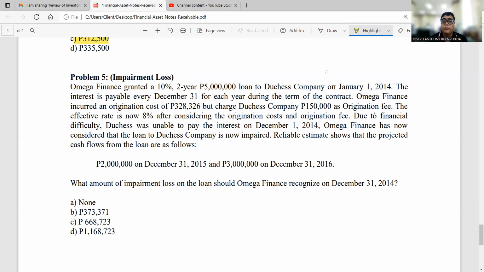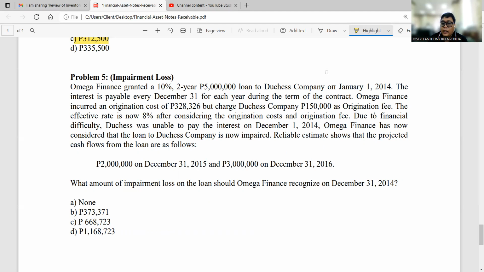The effective rate is now 8% after considering the origination cost and fee. Due to financial difficulty, Duchess was unable to pay the interest on December 31, 2014. One year of interest was not paid. Omega Finance now considers the loan impaired. A reliable estimate shows projected cash flows from the loan of 2 million on December 31, 2015 and 3 million on December 31, 2016.